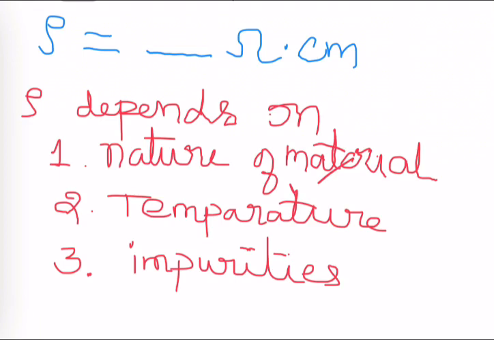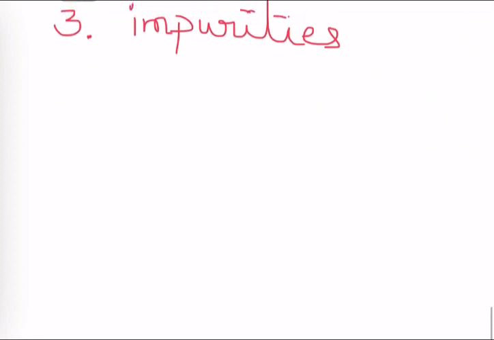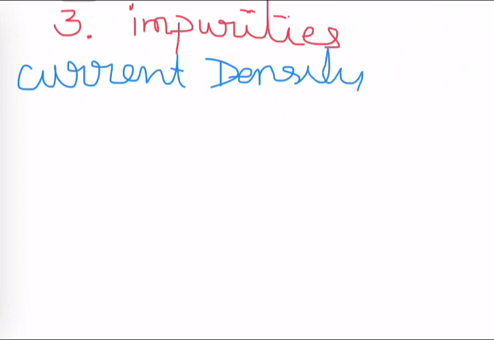Now you have to use another technical term called current density. Define current density. Current density is defined as the electric current per unit area taken normal to the direction of current.